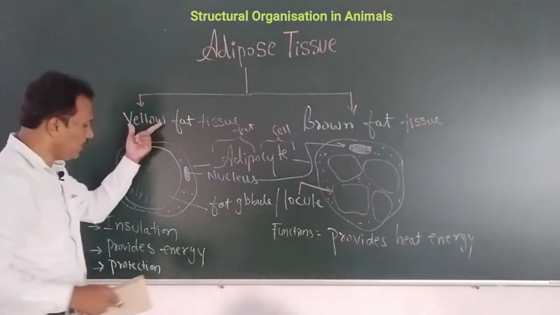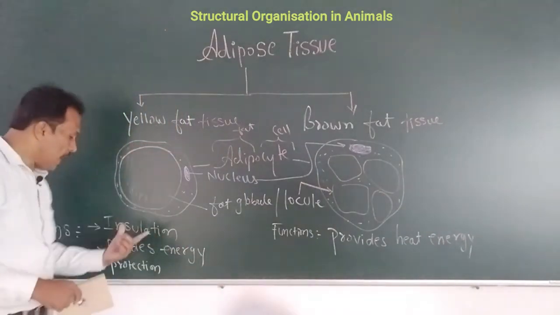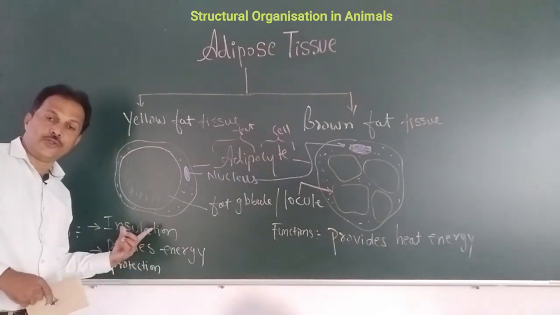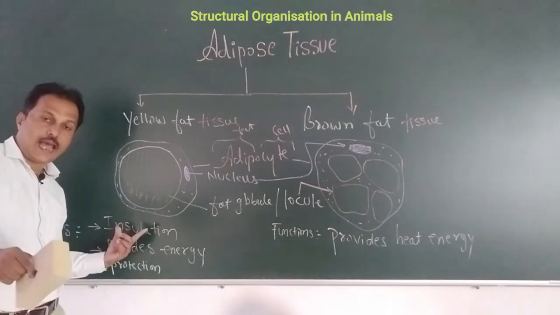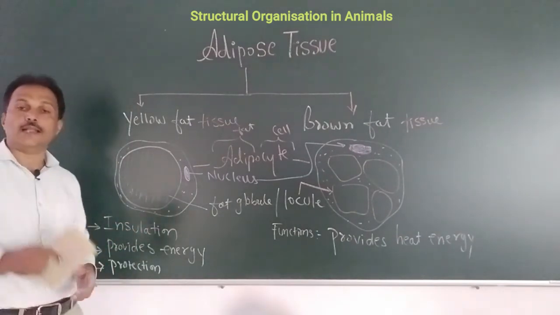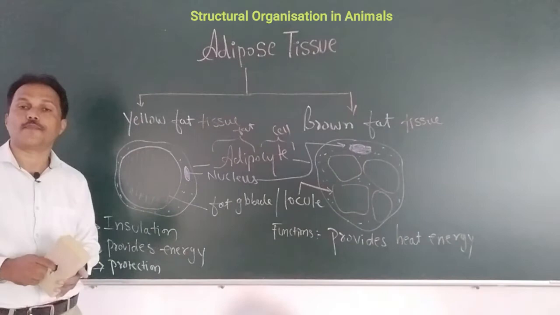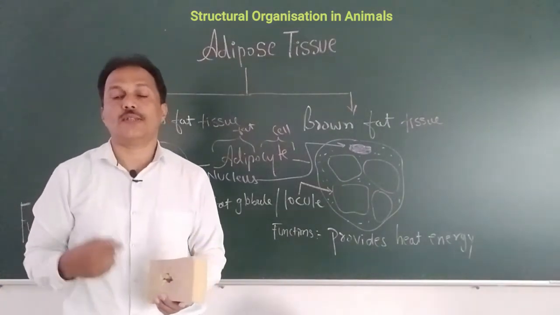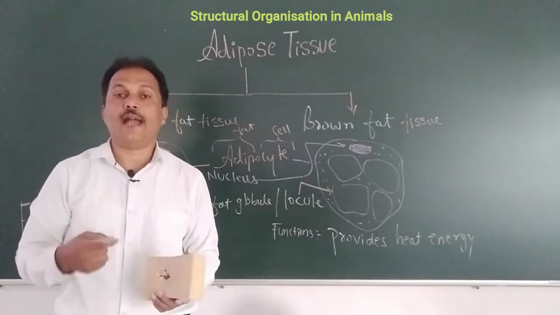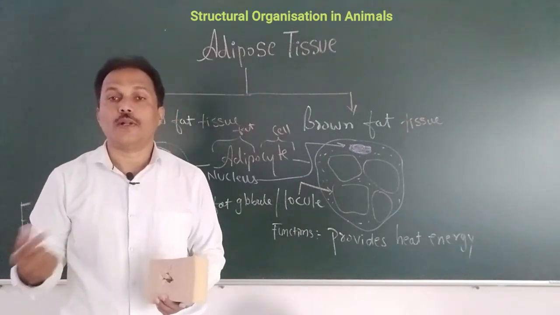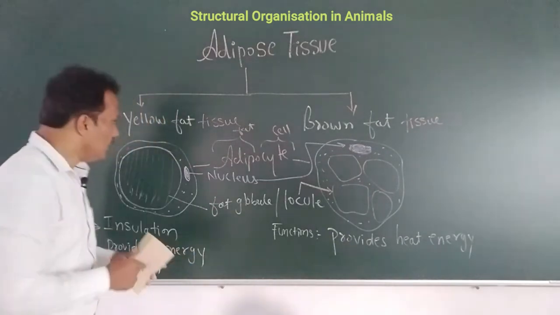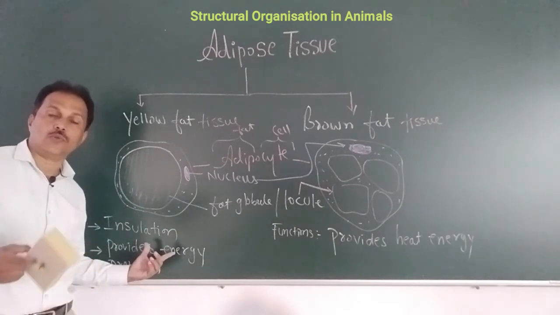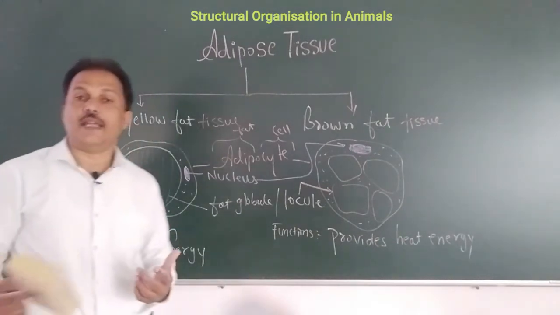What is the function of yellow fat? Yellow fat acts as an insulation. It protects the organs or tissues from shock. It also provides energy. After the glucose in our body is reduced or finished, generally fat is utilized for energy purposes. So yellow fat is utilized for energy once the glucose is depleted in our body.